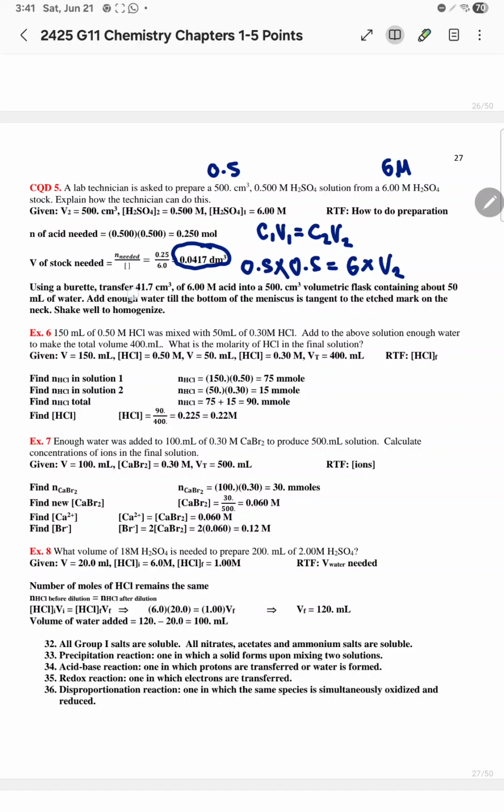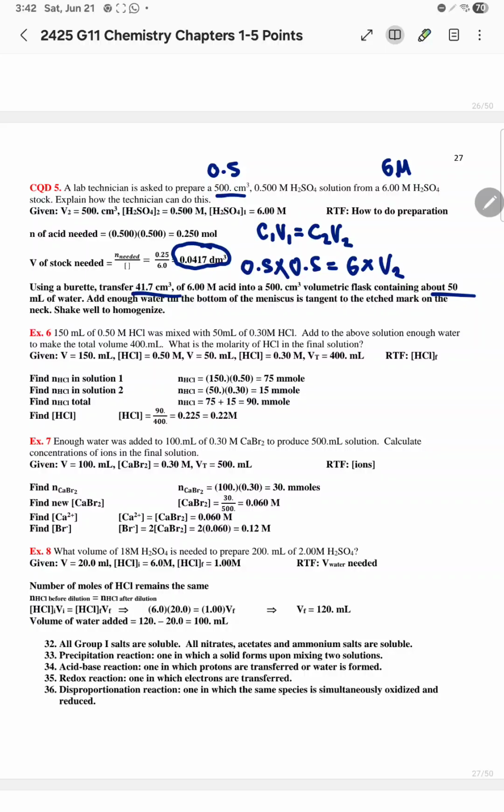Now we need to use a burette to take this exact amount of the 6 molarity acid. You put it into a volumetric flask that's 500 centimeter cubed, because you need to prepare this much. You should already have about 50 milliliters of water in the volumetric flask, so you add the acid straight to water.